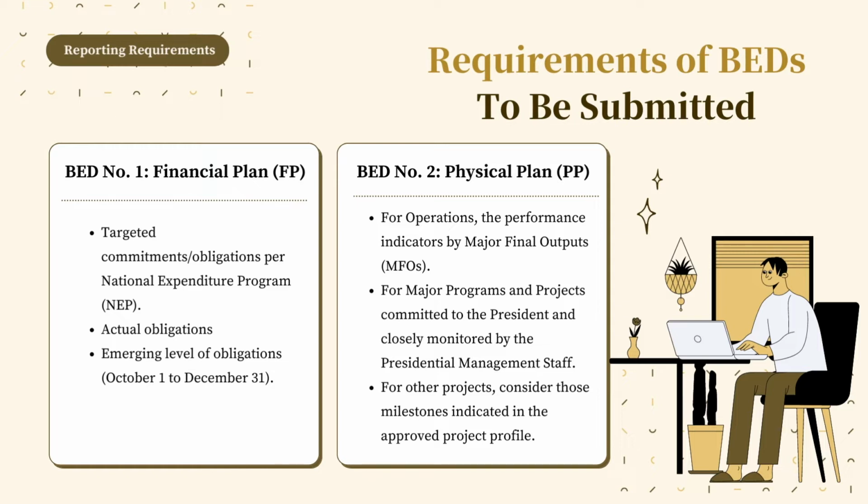So second is the BED number 2 or the physical plan. So physical plan shall contain the performance indicators and targets of the department or agency consistent with the performance information embodied in the National Expenditure Program or the NEP, such as for operations, the performance indicators by major final outputs or the MFOs, for major programs and projects committed to the President and closely monitored by the Presidential Management Staff, and for other projects, consider those milestones indicated in the approved project profile.